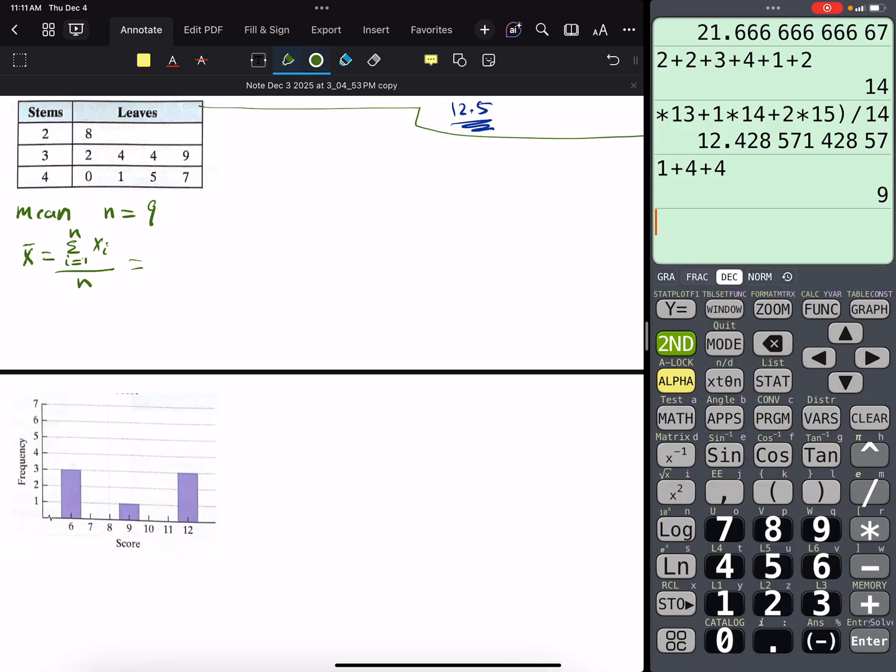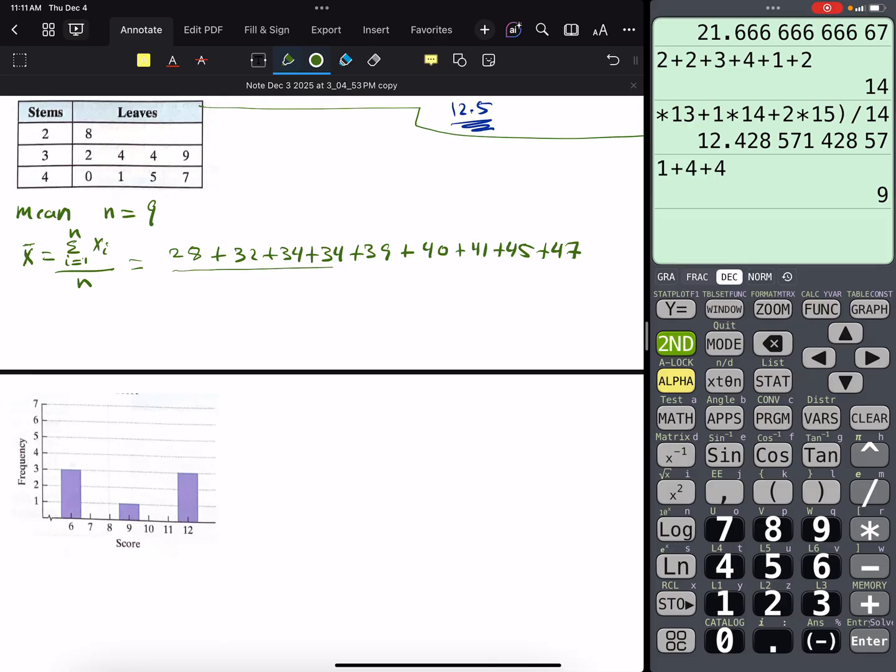And so what I really have here is a data value of 28 plus a data value of 32 plus 34 plus 34 plus 39. Now we're moving on to that last stem. Now I've got 40 plus 41 plus 45 plus 47.